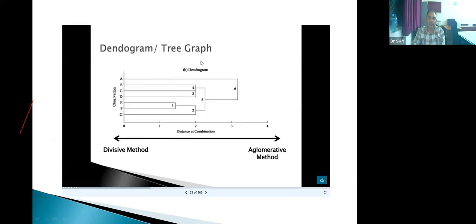See here this dendrogram. This method is divisive and this is agglomerative. First we have added E to F at step 1, then this one, then this one and this one, then this one, this one. So this is known as agglomerative. Now come to divisive.